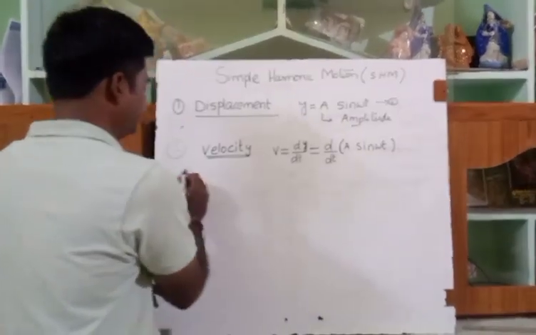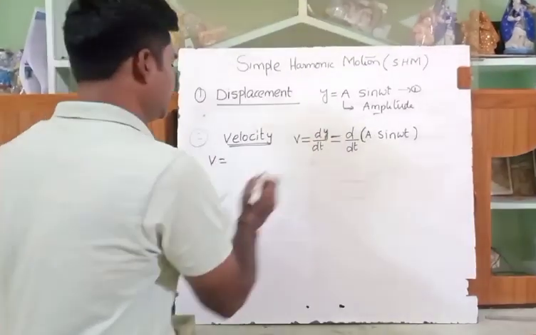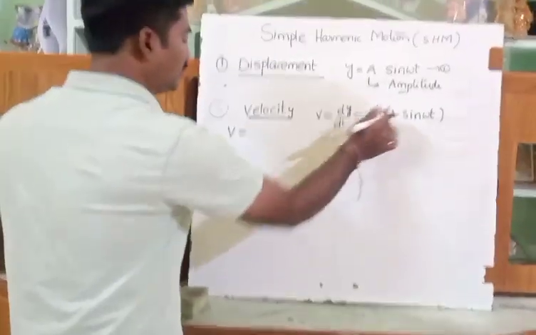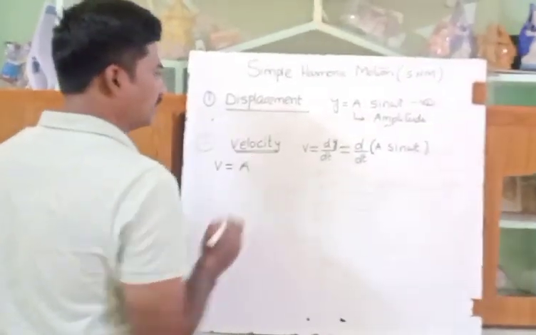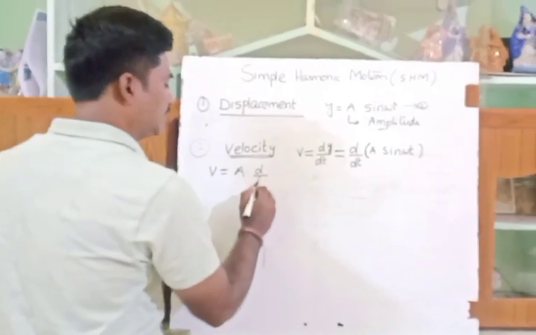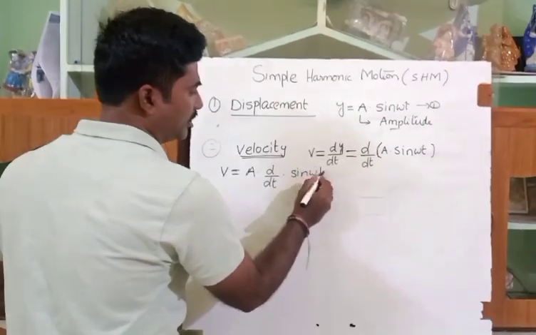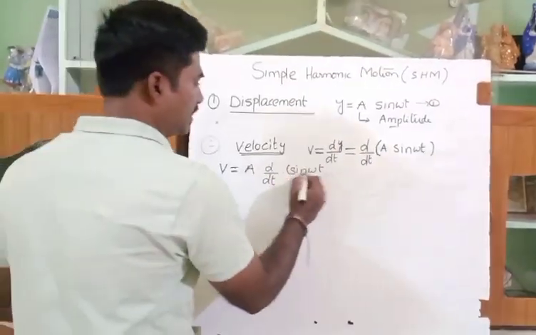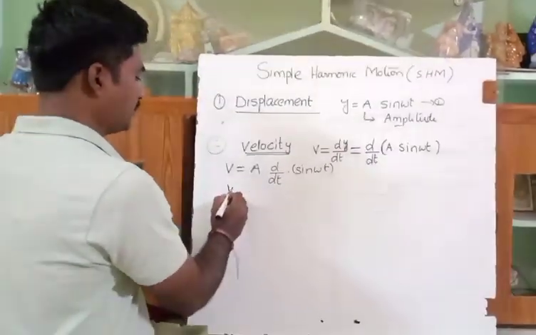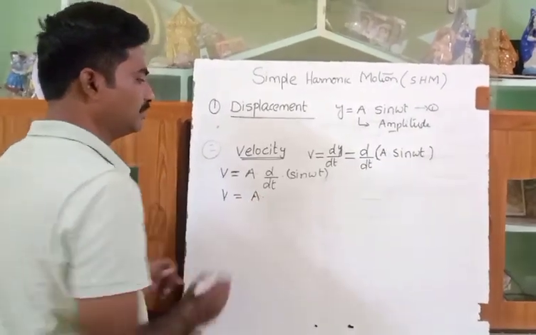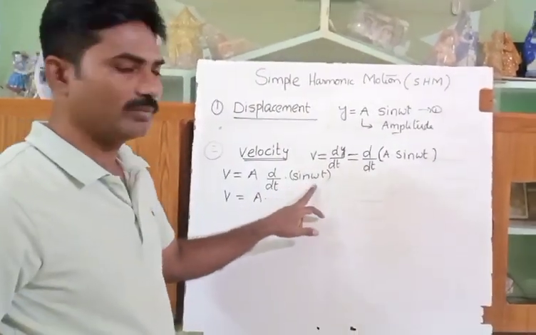See this: y is equal to a sin omega t, where a is a constant, the amplitude. Now v is equal to a into d by dt of sin omega t. What is d by dt of sin omega t?